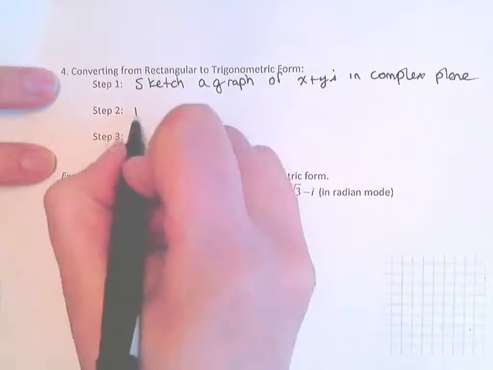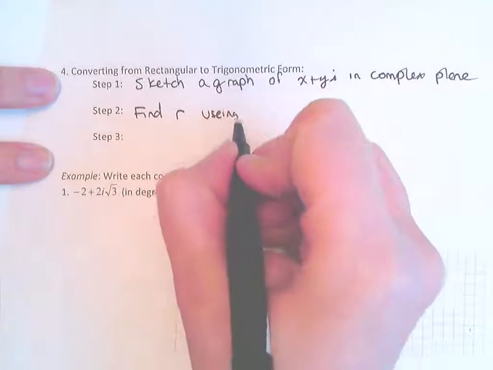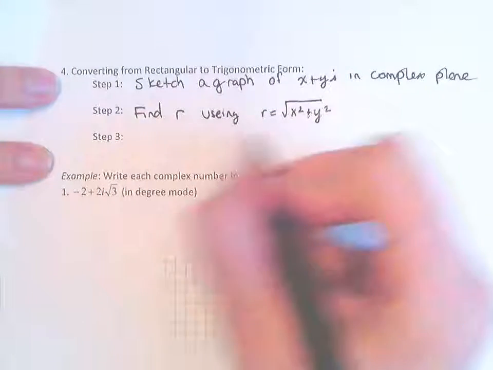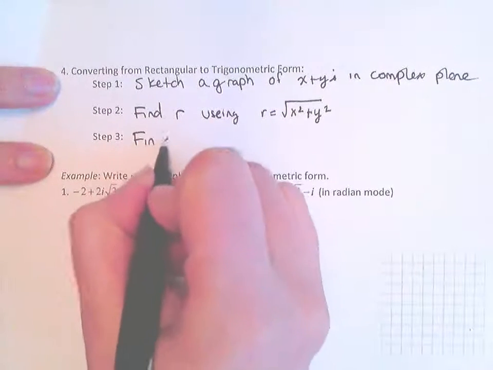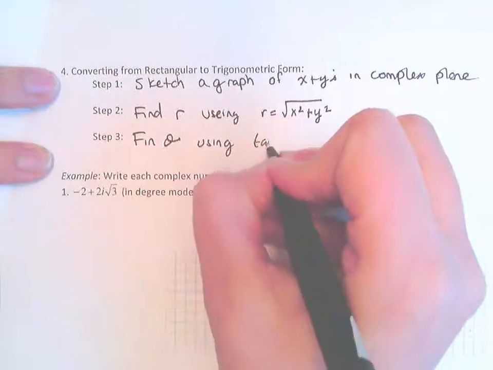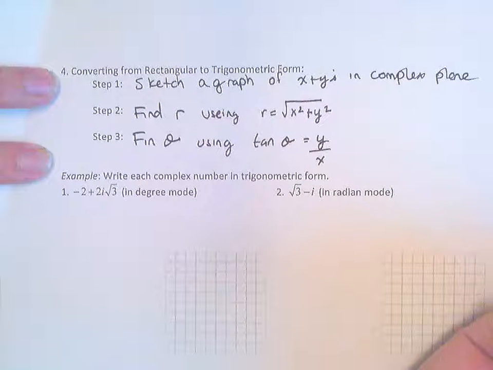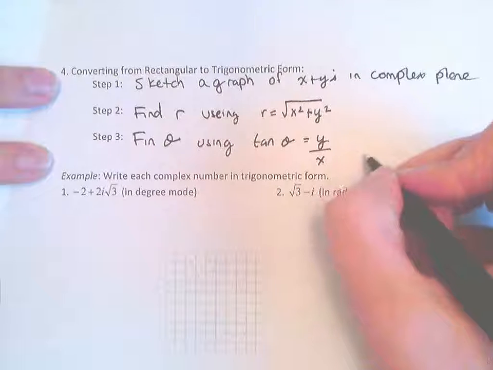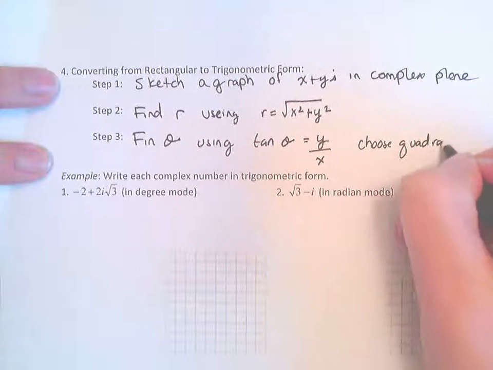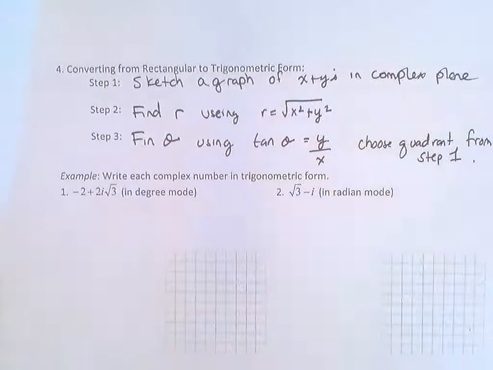Step 2, you're going to find r using, remember the equation, r equals square root of x squared plus y squared. And then step 3, you're going to find theta using tan of theta equals y over x. And then of course, don't forget to choose the quadrant from step 1 accordingly, and you'll see what I mean in just a second.